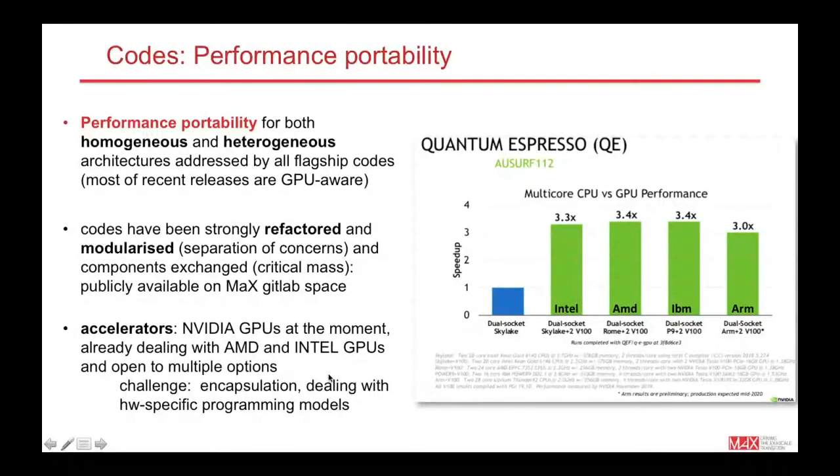And so in terms of accelerators, at the moment we target the first NVIDIA accelerators. There's also some work that Anton will be discussing in the next talk, done on AMD cards, and also at Cineca there is some work within Intel GPUs.